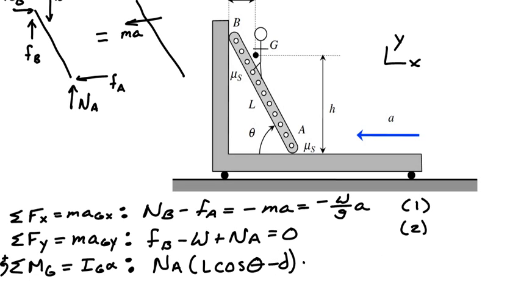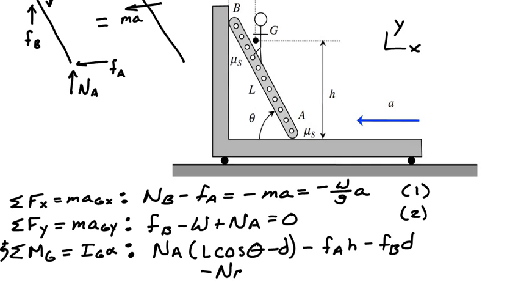I'll note that FA creates a negative moment, and its moment arm is given by H. FB also creates a negative moment, and its moment arm is given by D. And we'll have a negative moment finally given by NB, and its moment arm length is going to be, in this case, L times the sine of the angle theta minus the height H. And we know that's going to equal, because the ladder's not going to rotate, 0. We can call that equation 3.